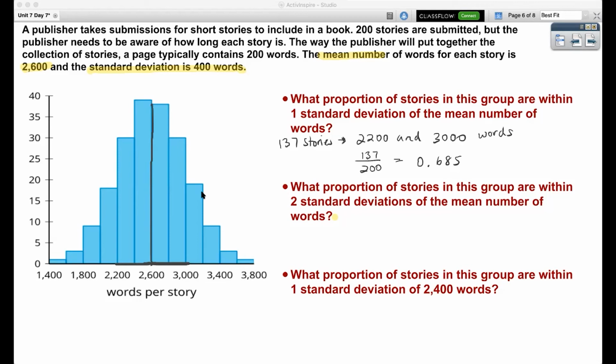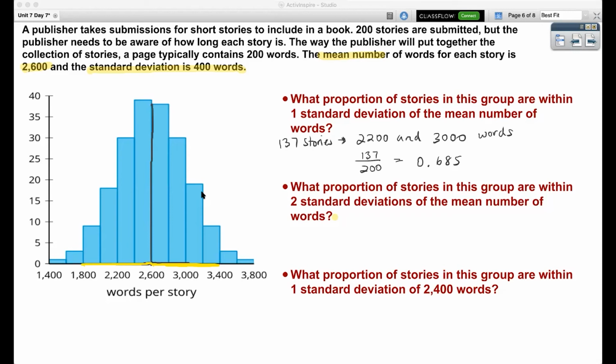So if I'm going to be looking at the interval from the mean, again, 2,600, I'm going to add 2 times the standard deviation. So I'm going to add 800. So I'm going to be looking at the interval from 2,600 to 3,400. And besides adding 800 to 2,600, I'm also going to subtract 800 from 2,600. So I'm also going to be looking at the interval between 1,800 and 2,600.